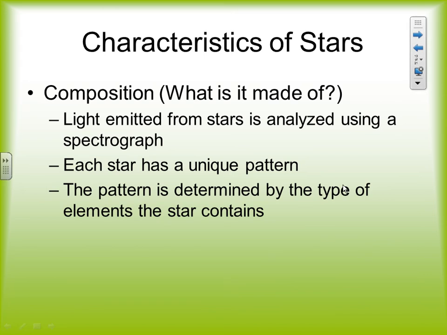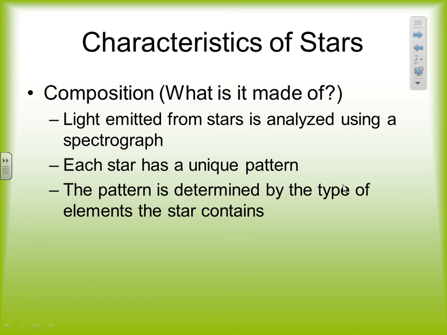And because this pattern matches the pattern of materials that we have here on Earth, we make the conclusion: if helium here on Earth makes a certain pattern in the spectrograph, and we get that same pattern from a star, we put two and two together and think the star is made out of helium. Do we know? Not exactly, because we've never been there, but the evidence suggests that that's it.